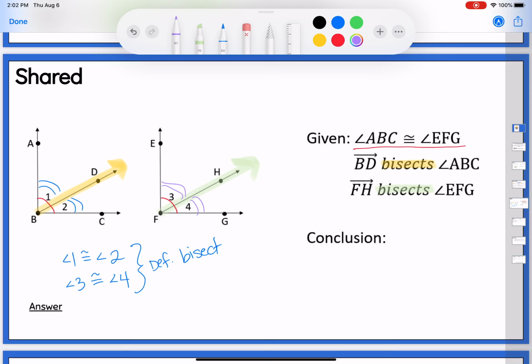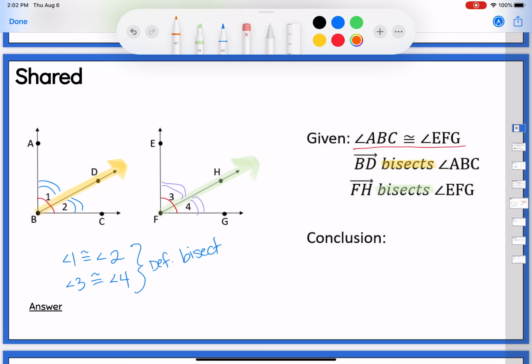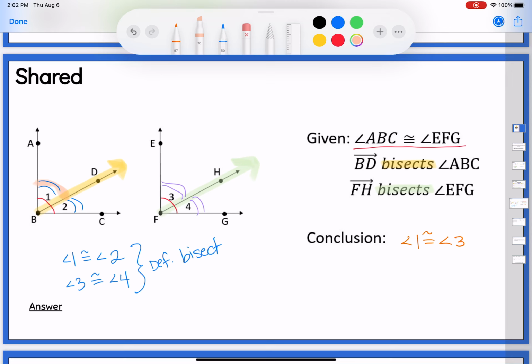It's not the division property. However, if you had said, well, I know the big angles are congruent, and I know that both of them were bisected, so angle 1 is congruent to angle 3, one from over here congruent to one from over here, that's the division property.